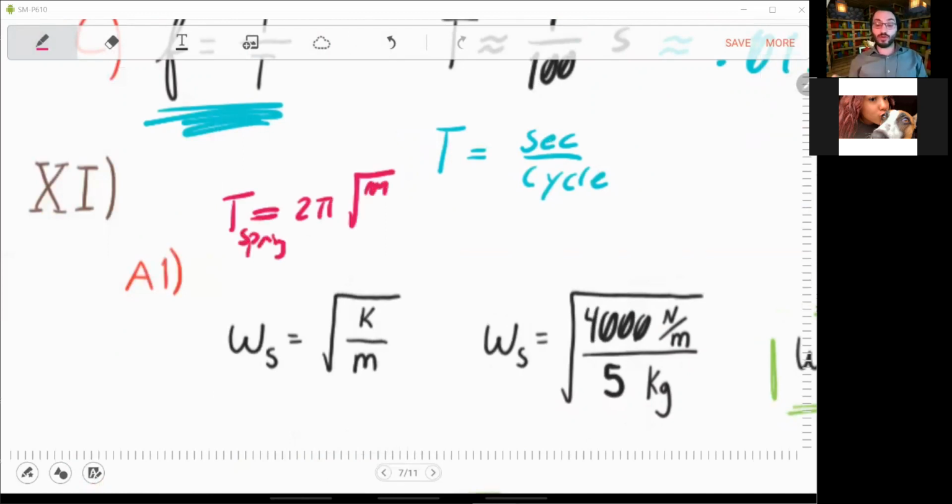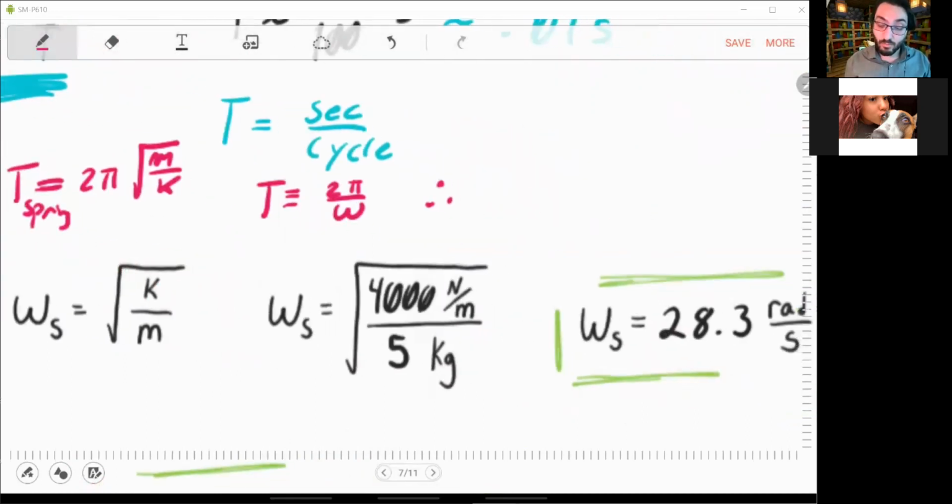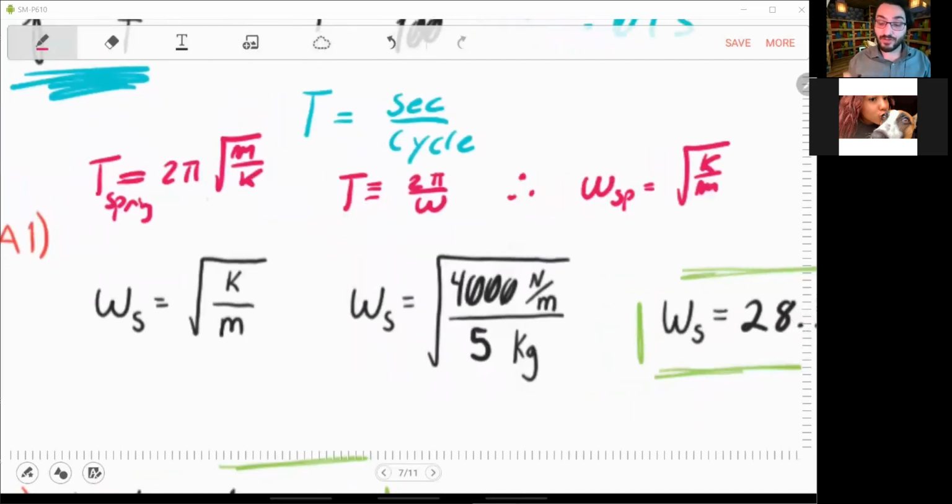And we also know that period by definition is 2 pi over omega, right? Therefore, the omega of a spring must be equal to the radical k over m, right? We have m over k here, but it's the inverse. Therefore, the omega must be radical k over m.